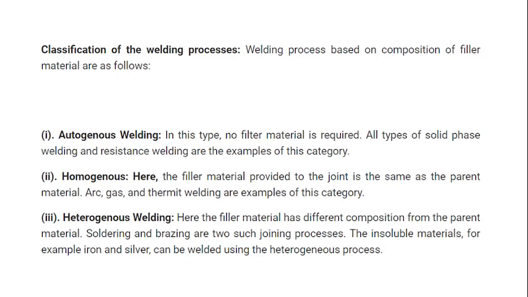Suppose you are trying to weld iron and silver, that can be done under the heterogeneous process. So these are the three types of welding process. Suppose in the exam they can ask you which is called what, like which is autogenous, which is homogeneous, and which is heterogeneous. So you should know these names also for solid, liquid, and liquid solid welding.